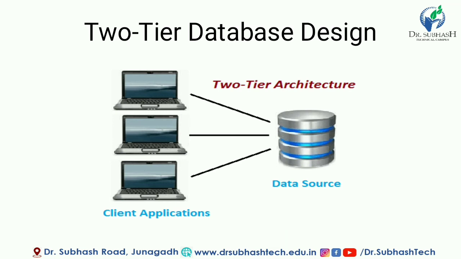And in the two tier application, two modules are in a single machine, and for the third module there is a separate resource, right? You can see in the diagram, in the client application, user interface and business logic are included in one system, whereas there is a separate dedicated source for the database. So it is known as two tier architecture.